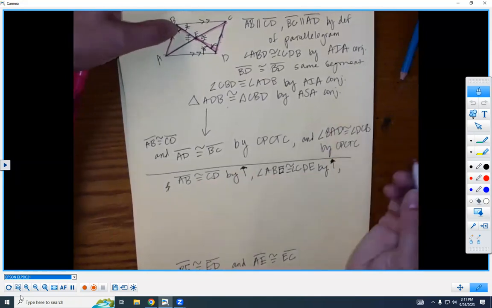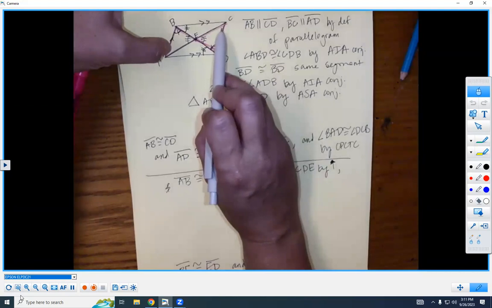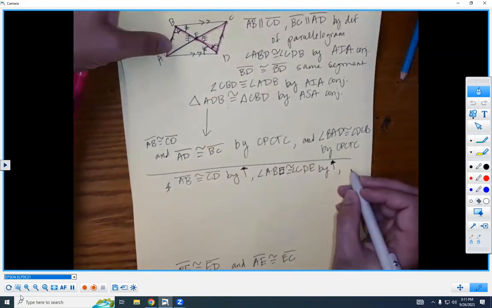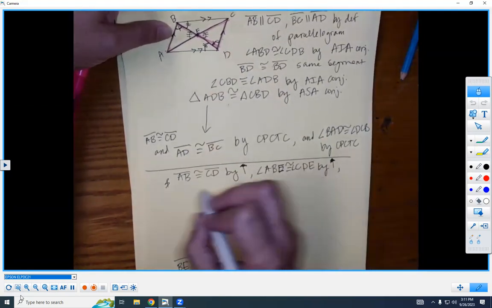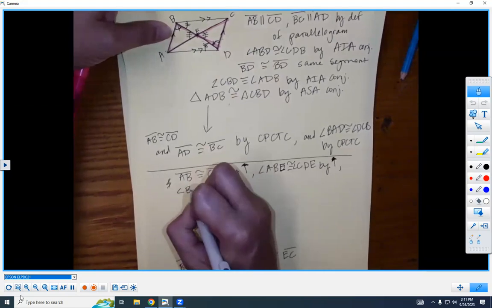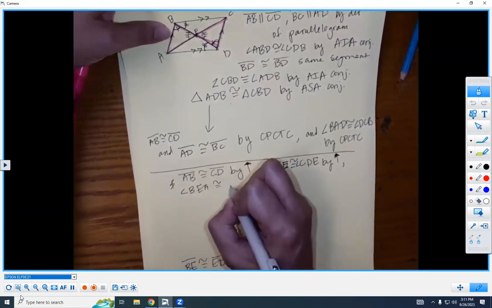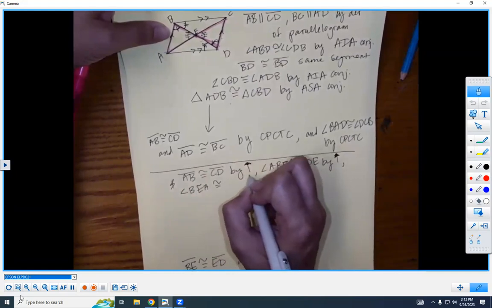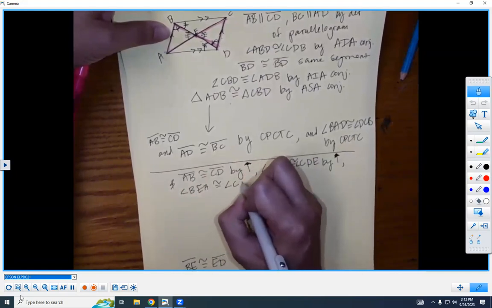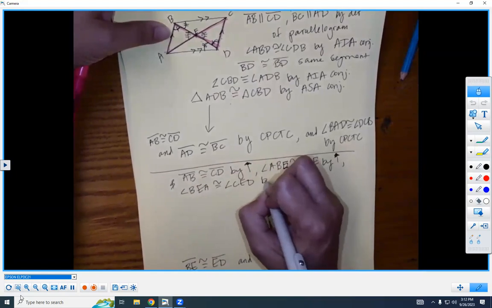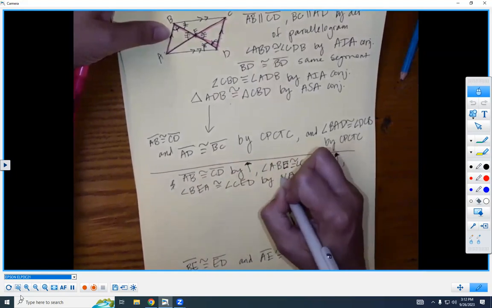My other angle, you could actually say this other chunk. Nope, we didn't prove this, never mind. Let's do the vertical angle. So angle BEA is congruent to angle CED by the vertical angles conjecture.